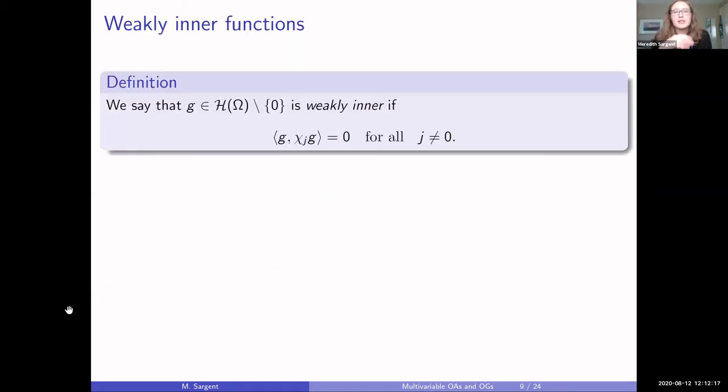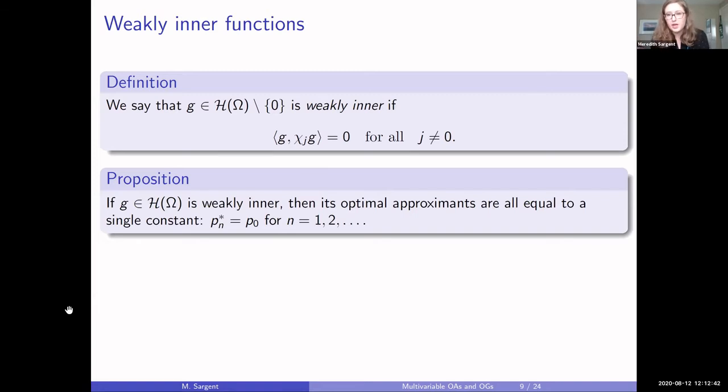You'll recognize this definition. It looks very similar to what Chris was talking about. We can define a function, say it's weakly inner, if the inner product of g and a monomial times g is 0, as long as that monomial isn't a constant term. So again, we're having a weakly inner function defined this way.